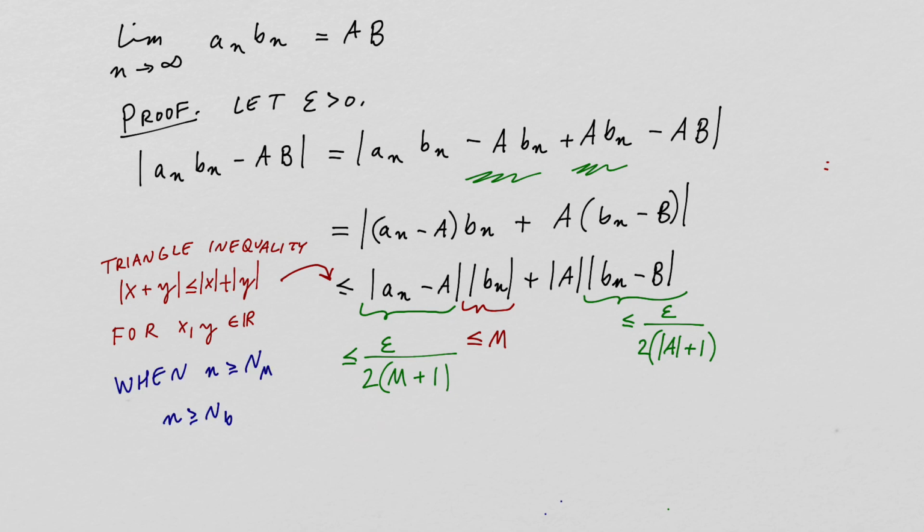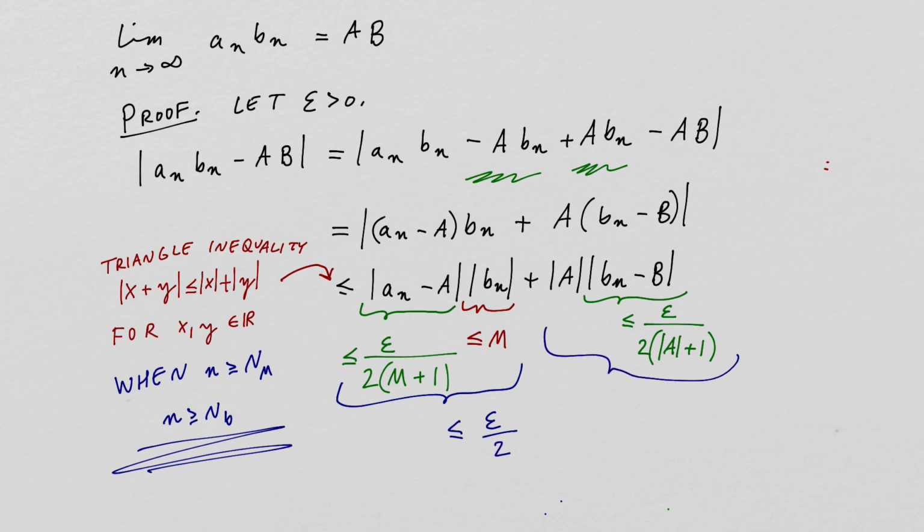So when n satisfies these two conditions, the product of these two terms will be at most epsilon over 2, and the product of these two terms will be at most epsilon over 2. Well, we should have here maybe a strict inequality.